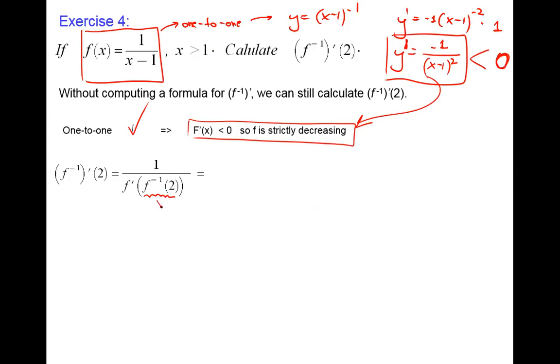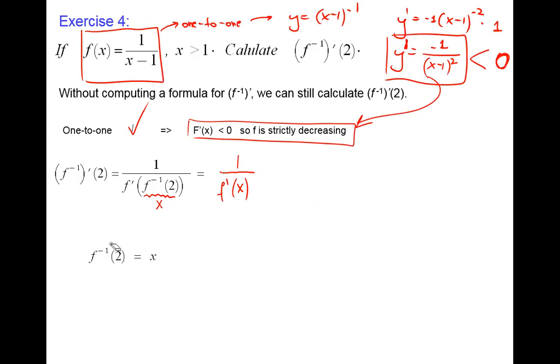And let me name this x. I don't know what it is, right? That's because I would like to find this: I will have 1 over the derivative at x. Hopefully I can find x. That means f inverse at 2 is x.